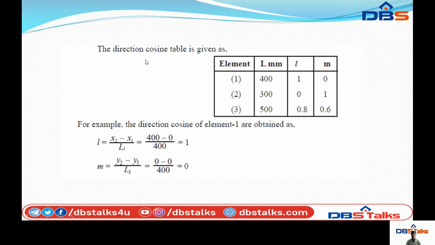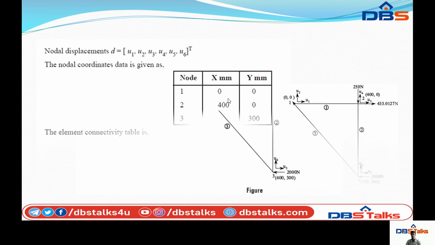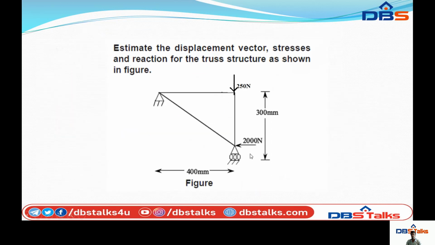After that, the direction cosine table is given. For the direction cosine table, we have to calculate the values of L and M. The length for element 1 will be 400.